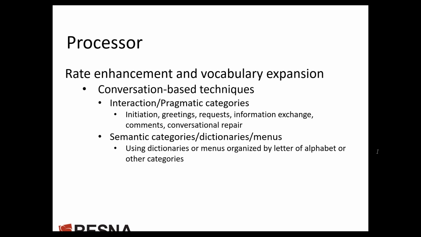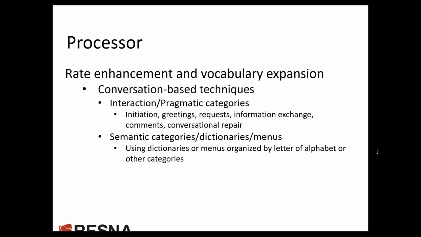We also need to look at organizing vocabulary as an effect on rate enhancement. So using conversation-based strategies should be considered. So looking at interactive categories, in the earlier slide we talked about initiation, greetings, requests, information exchange, commenting, conversational repair.